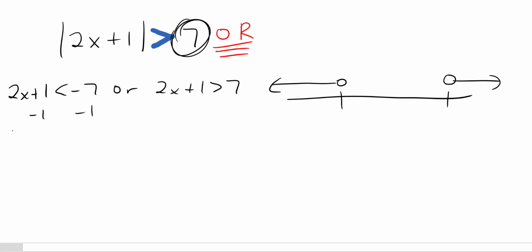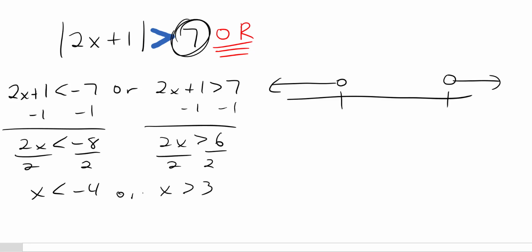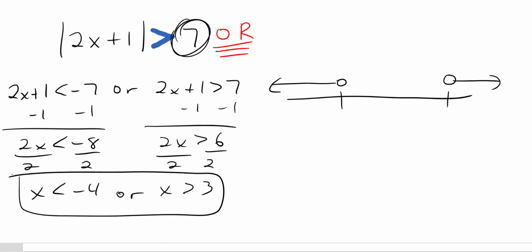Okay, each of these. So you subtract 1 from both sides, so you get 2x is less than negative 8. Divide by 2. X is less than negative 4. This one I subtract 1 from both sides, so 2x is greater than 6. Divide by 2. X is greater than 3. So I'm going to put an or in the middle, and this is what goes in the answer blank: x is less than negative 4, or x is greater than 3.